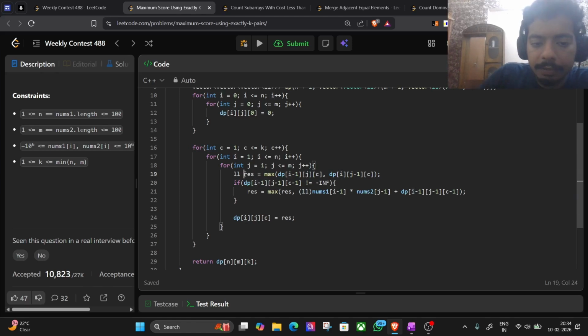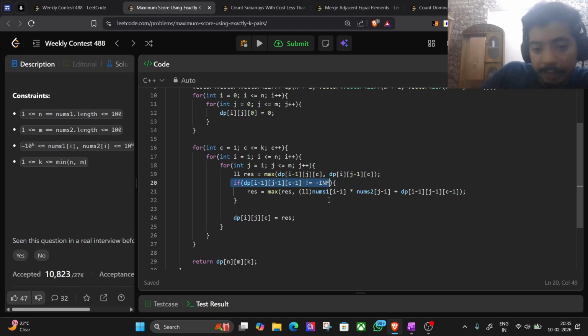So first I have taken the maximum of a and b, which are dp[i-1][j] and dp[i][j-1], because they are not multiplied by any value. That's why I first check that it is not negative infinity, because if I multiply and add something to a value like minus 1e26, it might go out of bounds.